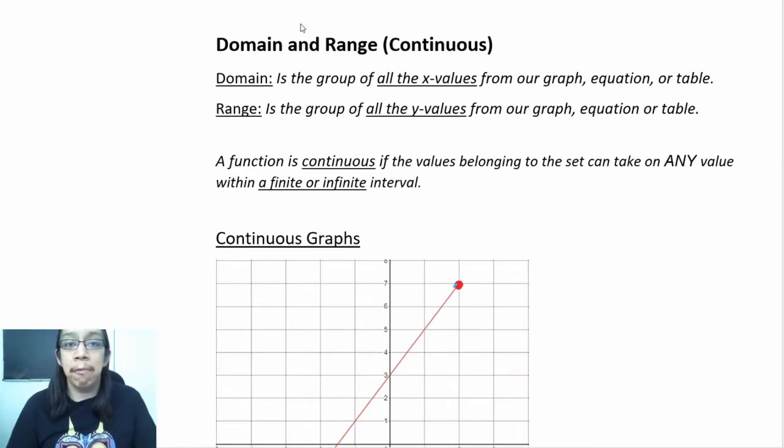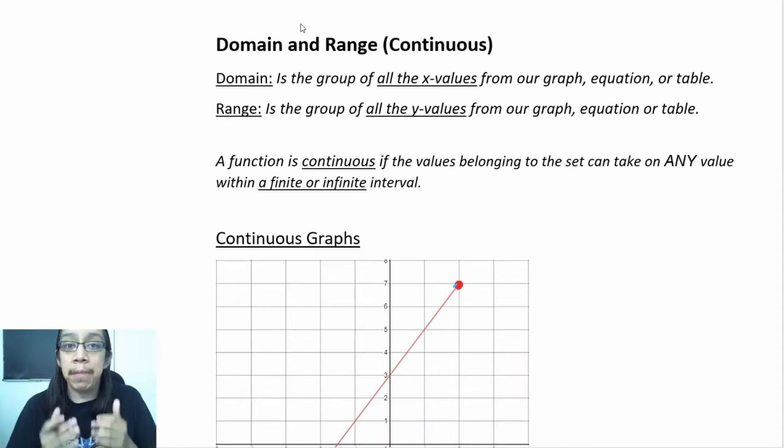In that case, we had a very distinct starting point and a very distinct ending point in our height, and we can say that between these two numbers, we're at some height between that interval of heights. So that's basically what the continuous function is, that it can have any sort of values between a finite or an infinite interval. So let's keep that in mind when we're trying to find a domain and range for these.